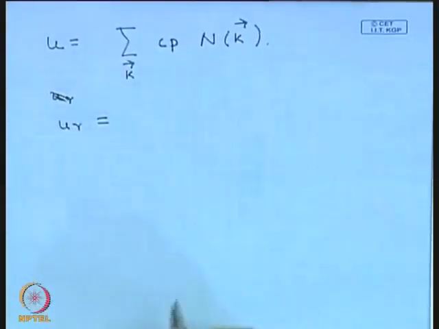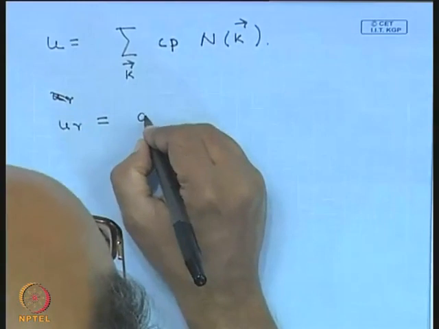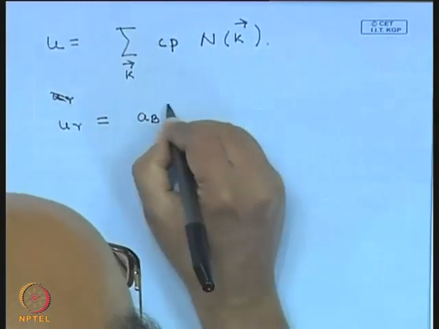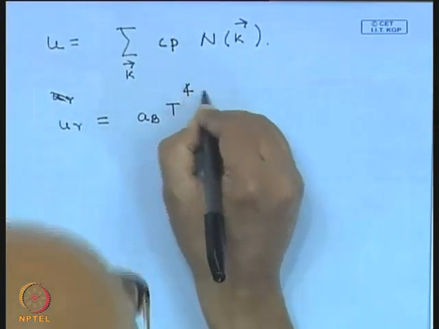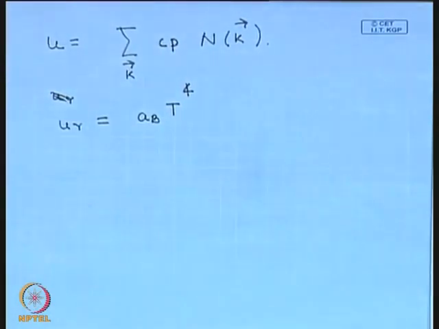So the energy density for photons comes out to be a_B, the Stefan-Boltzmann constant, times T to the power 4, which you get by summing up the occupation number over the different states. And a_B, we have already discussed the value. I have already told you the value in SI units.